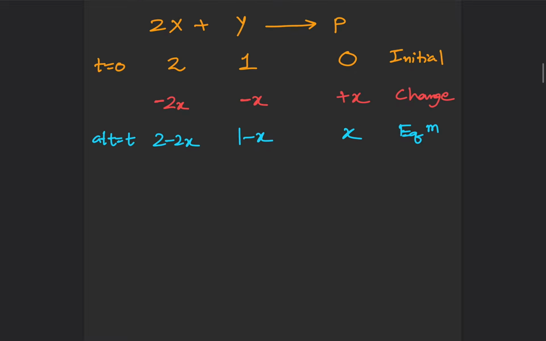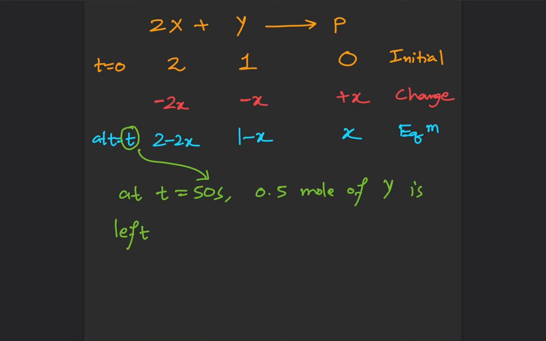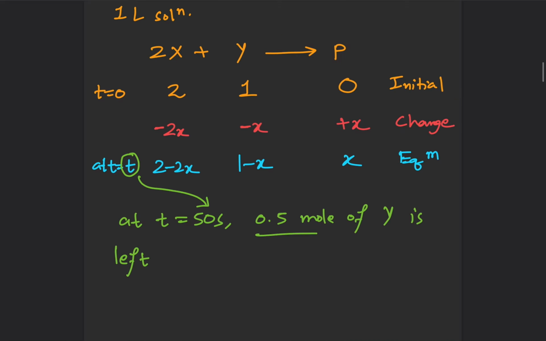Now it is given in the question that at time t equal to 50 seconds, 0.5 mole of y is left. So 1 minus x will obviously be equal to 0.5, because we are assuming that the time t is 50.